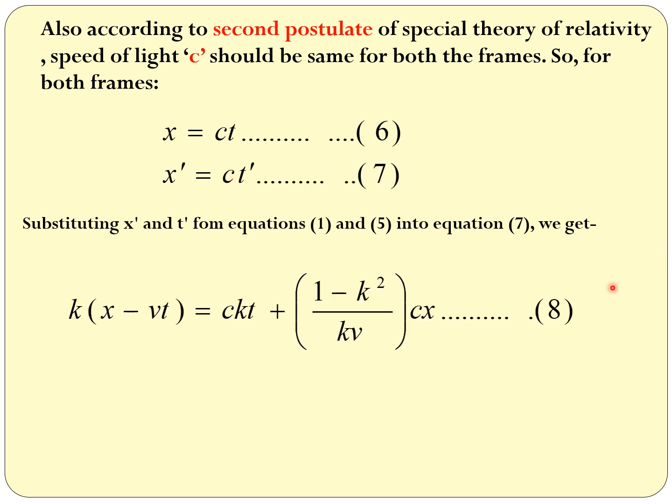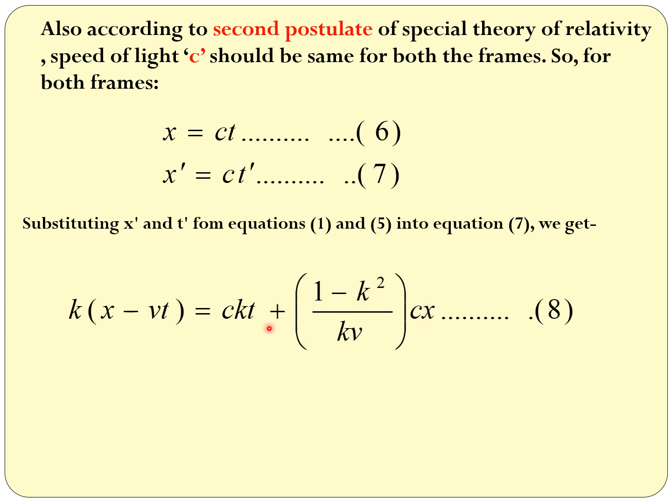So x prime will be c into t prime, and then we get this equation: x prime was k into (x minus bt), and on the right hand side c, with t prime replaced by kt plus (1 minus k square) by kv into x.